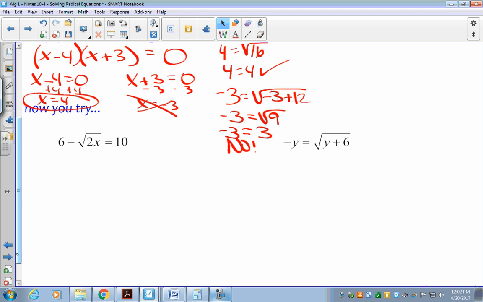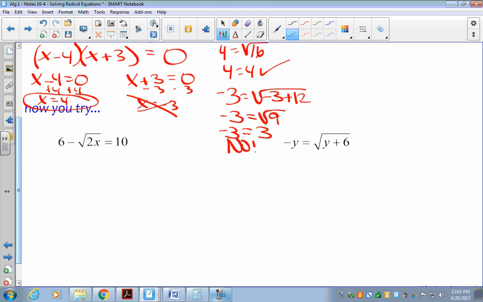Okay, let's try this one together. Actually, I think we'll just do it together. So this guy, I want to solve for my square root, which means I have to get rid of my positive 6.